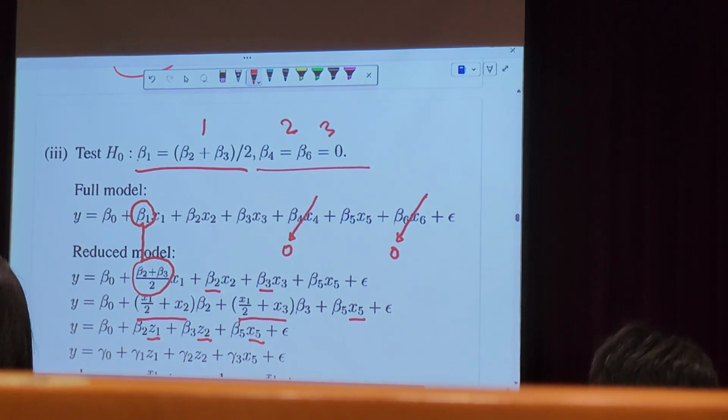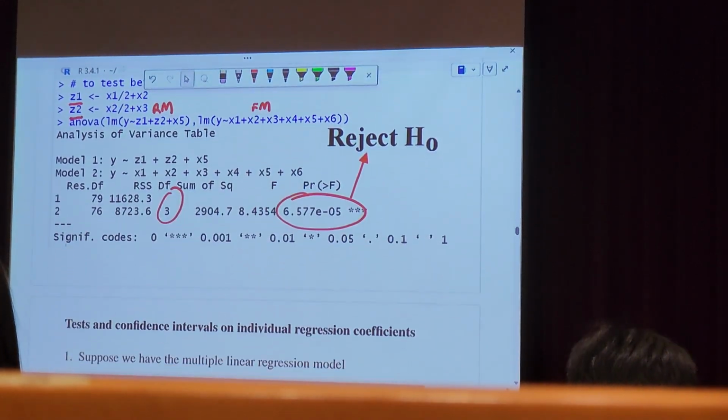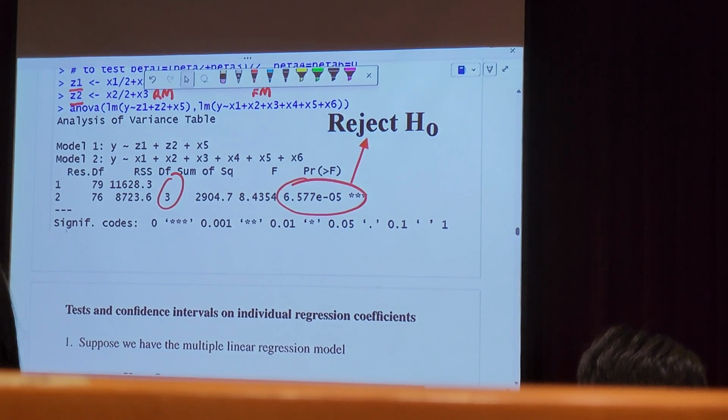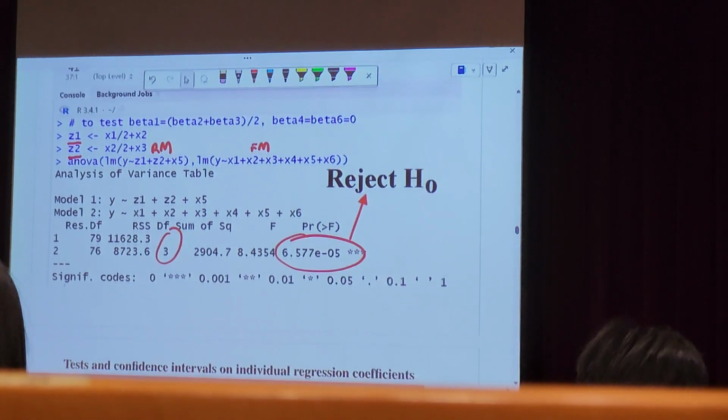So R is 3. And in this case, the p-value is very small, so I reject the null hypothesis. And so there's evidence that the alternative is true.